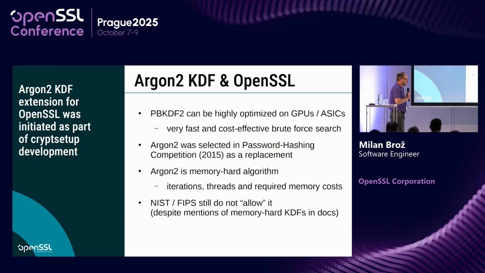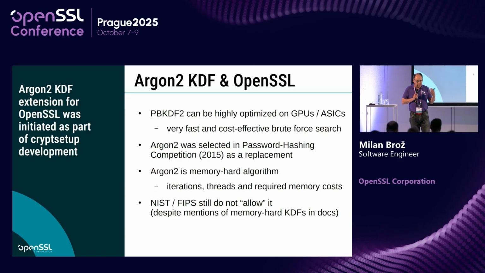At least it was a problem, because PBKDF2, password-based key derivation function 2, that's the name of the algorithm, was the only implemented and allowed algorithm, and it basically only uses iteration, iterating a hash. But with a constant memory footprint, and with GPUs or application-specific integrated circuits, so some specific hardware, you can run very fast and very parallel computations.